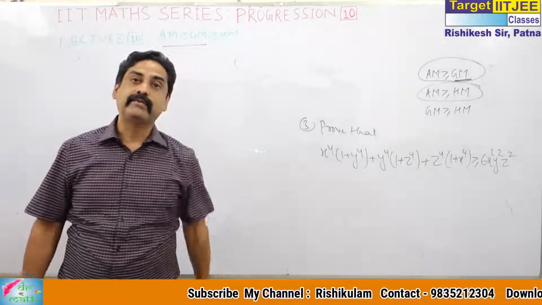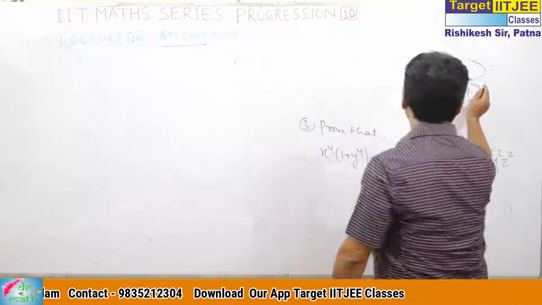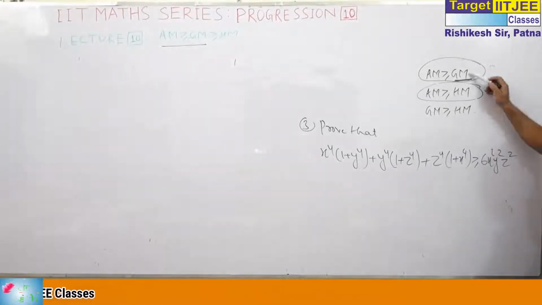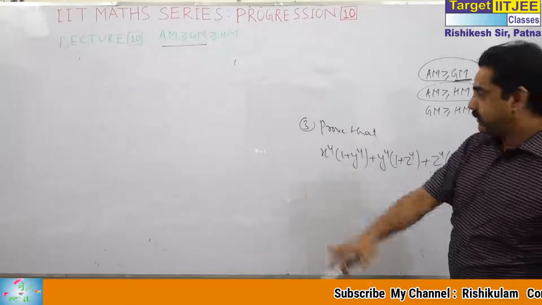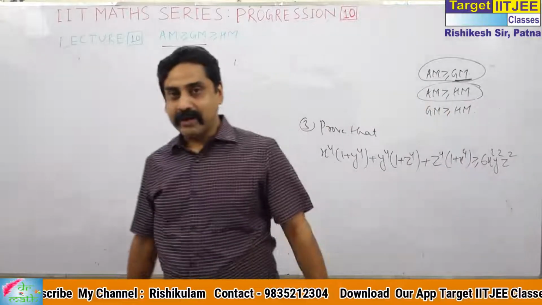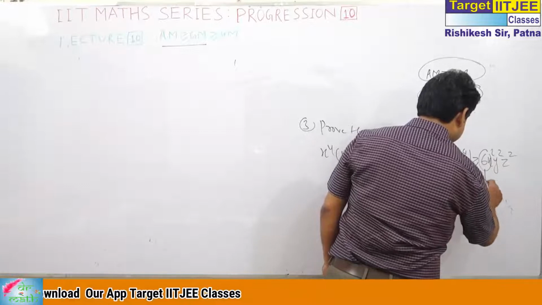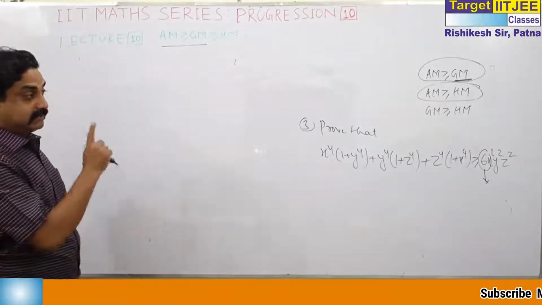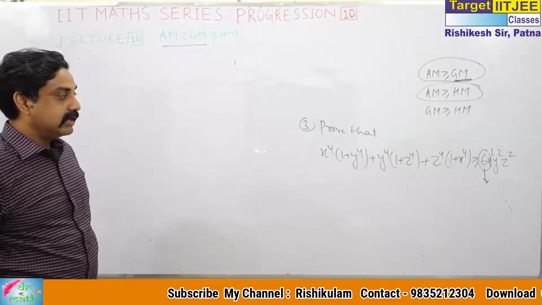First of all, this is AM greater than or equal to GM, because this is a product, and when the right side is a product, this is geometric mean. If you guessed, you are on the right path. Now, for which quantities? That answer lies here: 6 quantities. This 6 suggests that there are 6 quantities. And what are those 6 quantities?